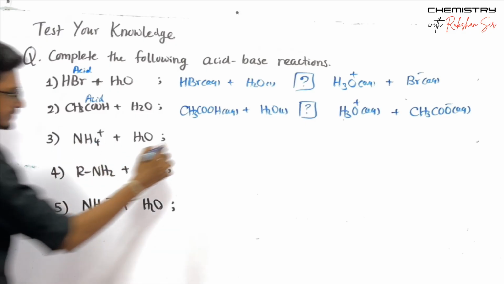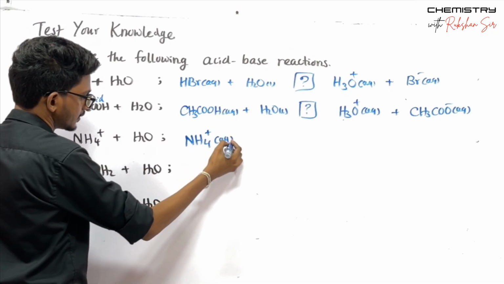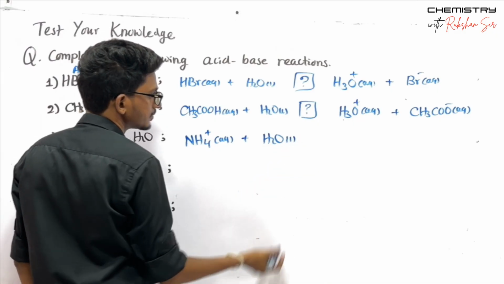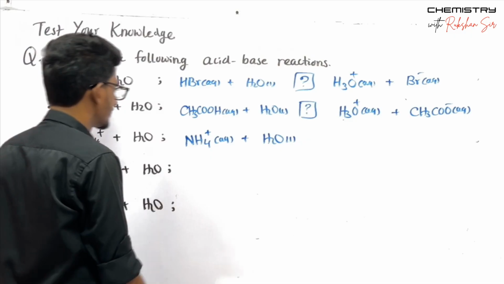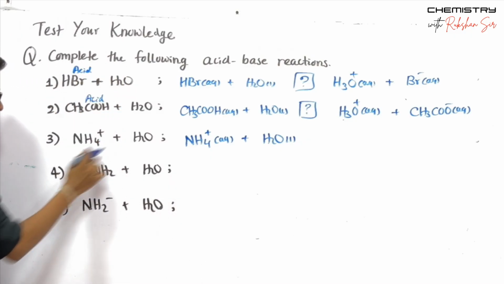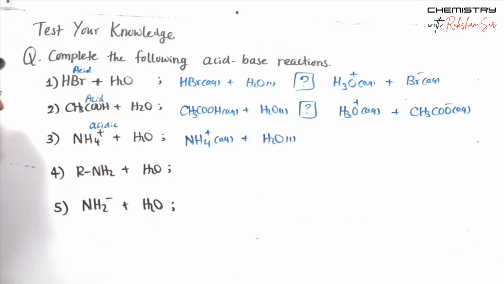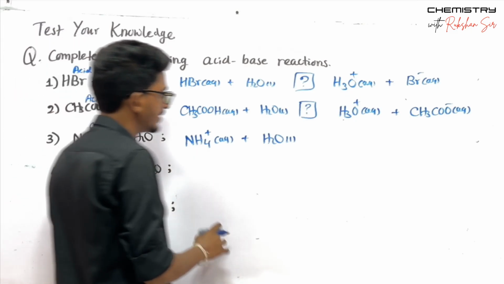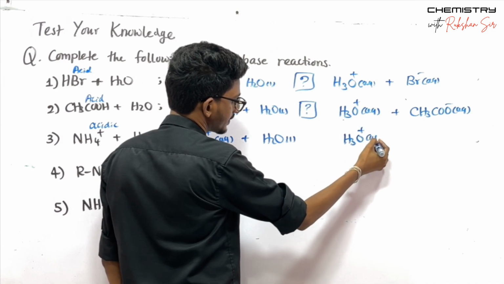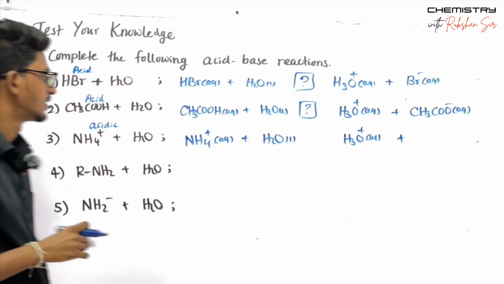This one, NH4 plus with water. We know ammonium salts are acidic. This is an ammonium salt, so it's an acid. If it is an acid, the product should be H2O plus and the conjugate base of this thing.